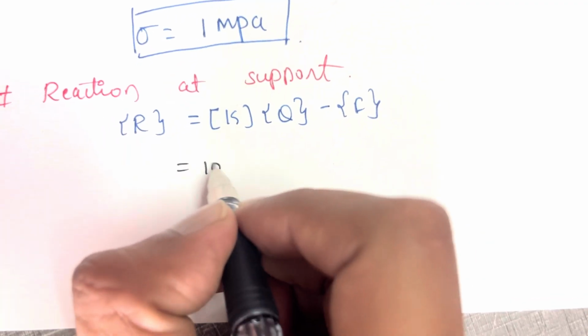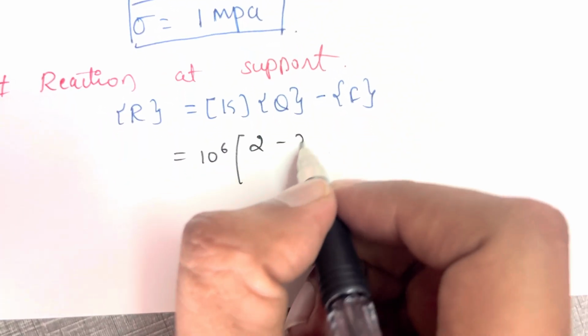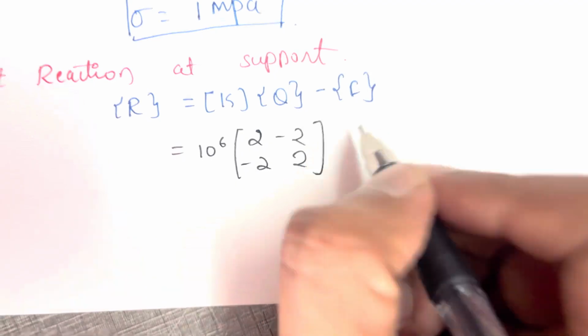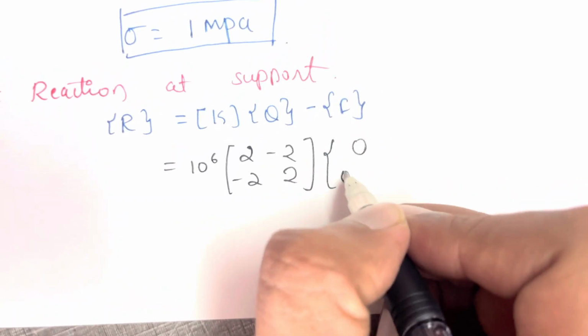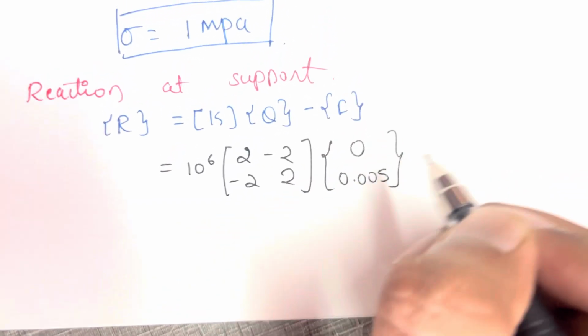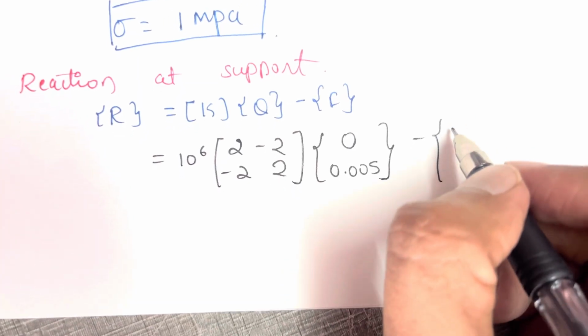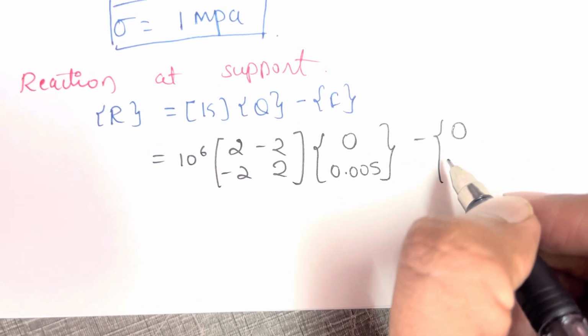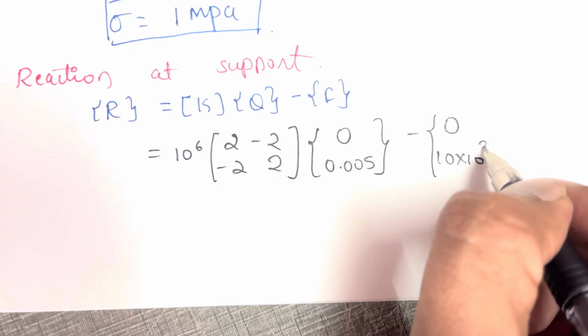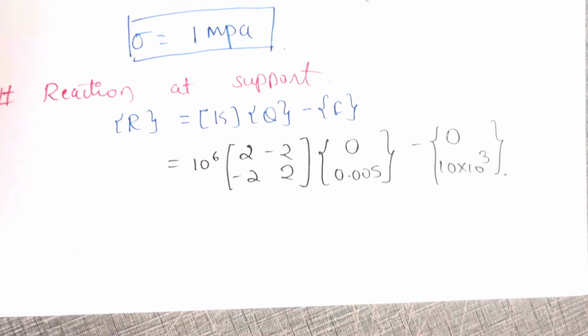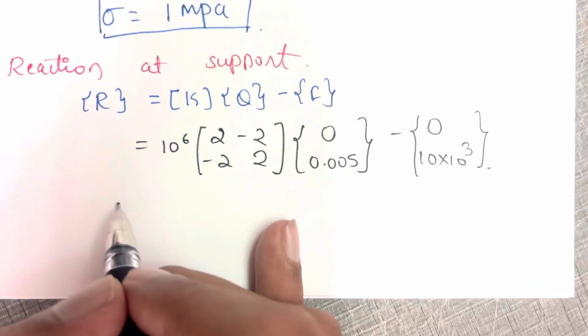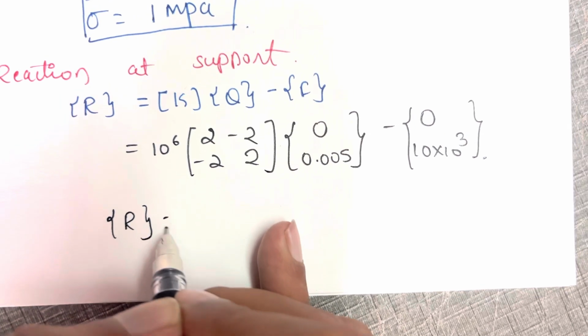As we know, K is 10 raised to 6 times [2, -2; -2, 2], and Q is [0, 0.005]. Force at node 1 is 0, force at node 2 is 10 into 10 raised to 3. Okay, now we have to solve this so that we'll get the reaction force.